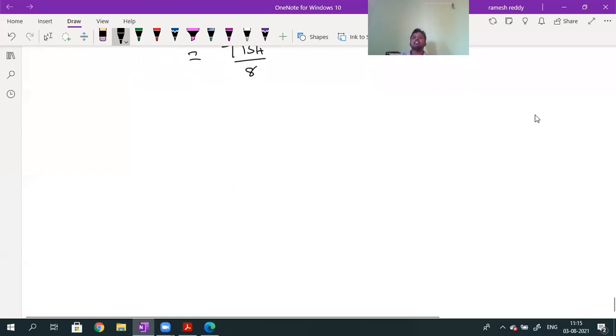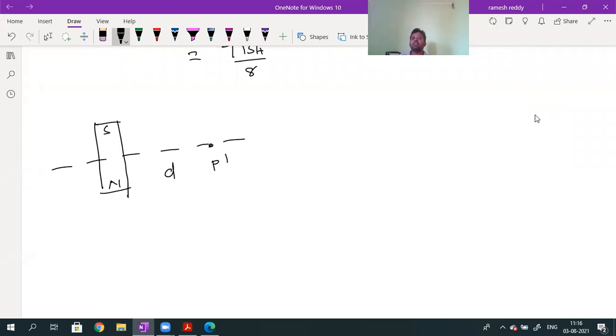Last point. Whenever the bar magnet is rotated, I can also calculate the resultant magnetic field induction value at a distance d from the center on the equatorial line. Here is the north pole, here is the south pole, here is the north pole. I want to calculate the resultant magnetic field induction at a point P dash, which is at a distance d on the equatorial line.